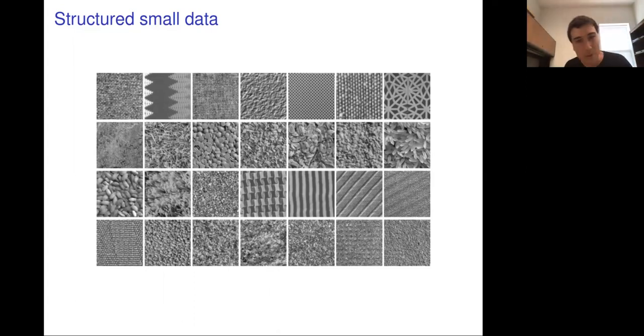So if you're just looking at these pictures here, some of these textures look obviously very different from each other, just to your eye. Some of them are kind of hard to tell apart, even just like us by looking at it. But you can imagine that there's a certain amount of symmetry in this data set. Like if I took an image of a texture and I just moved it over a little bit, well, that's going to be the same texture.